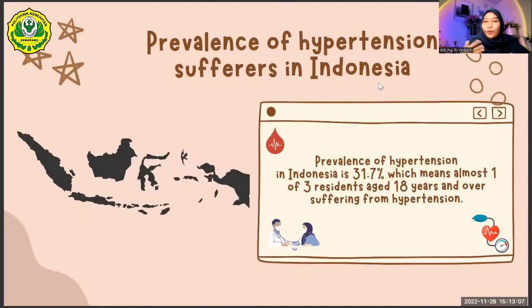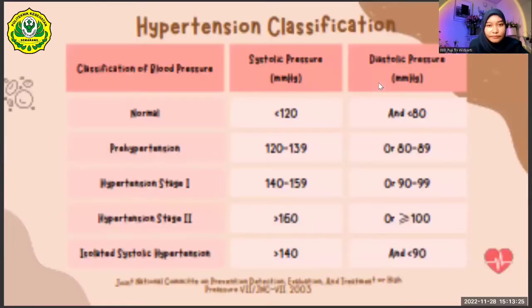And then, how about Indonesia? Prevalence of hypertension in Indonesia is 31.7%, which means almost 1 of 3 residents aged 18 years and over suffer from hypertension.